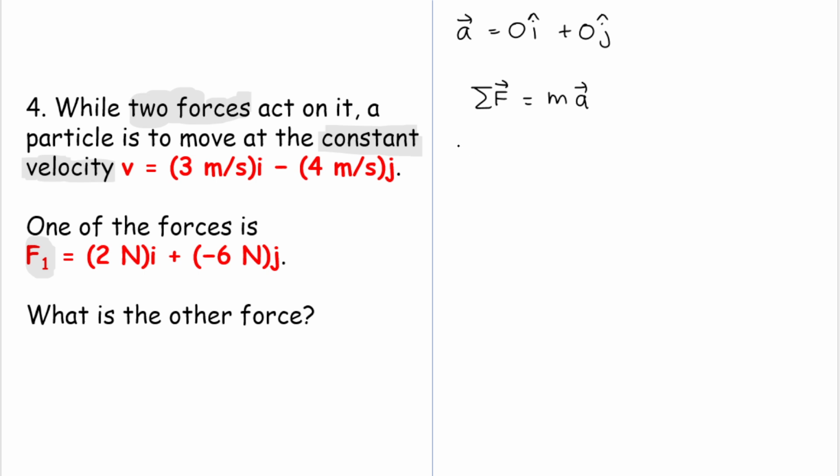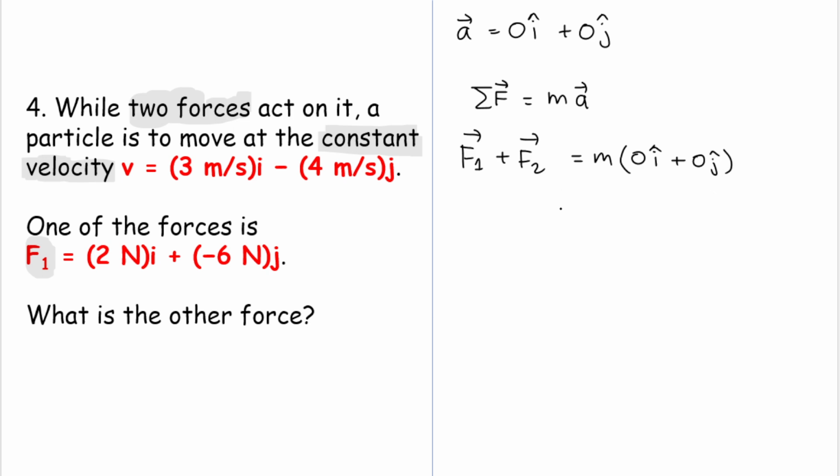So we have F1 plus F2, because only two forces act on the particle, right? We don't have the mass yet, but we have the acceleration, which is 0i plus 0j.